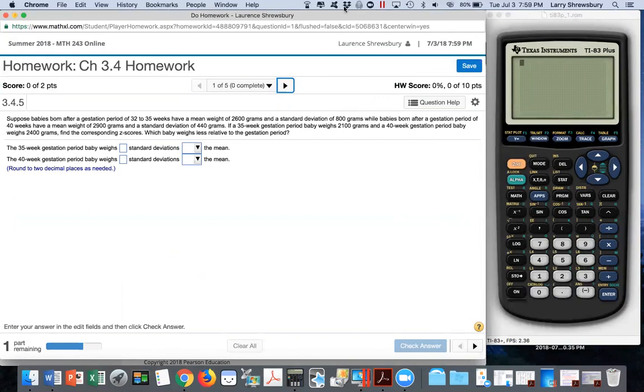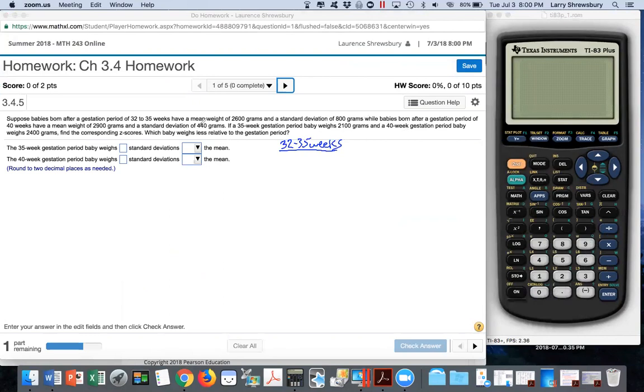So I'm going to turn on my little digital pen here so I can organize this. This would be the sort of thing you would do on a piece of scratch paper, because we're looking at babies born after a gestation period of 32 to 35 weeks. So I've got one population with a gestation period of 32 to 35 weeks.